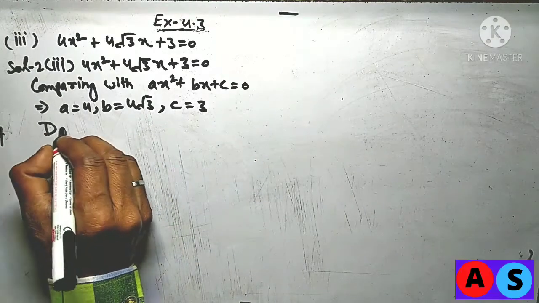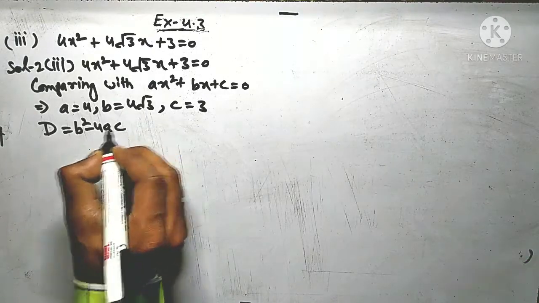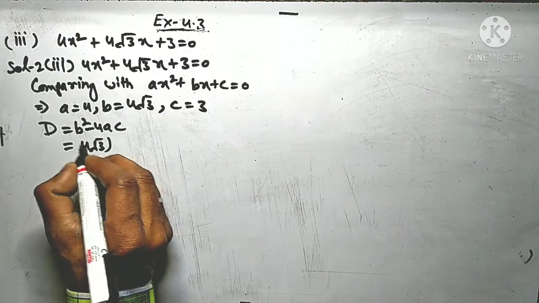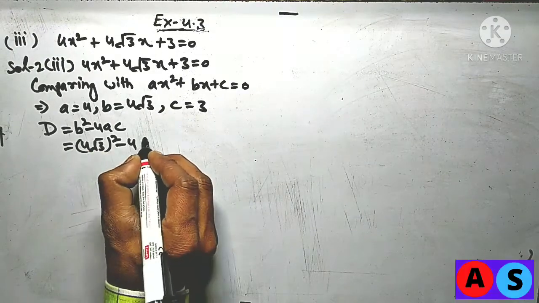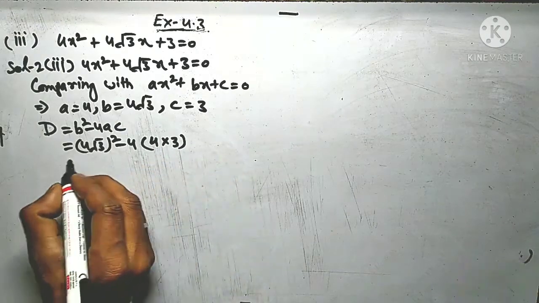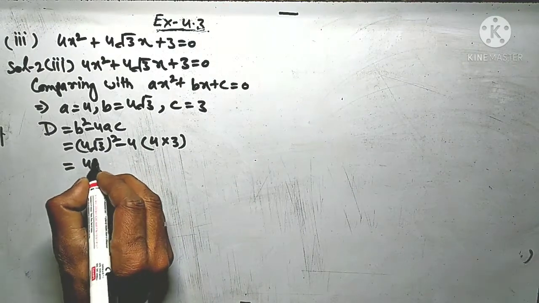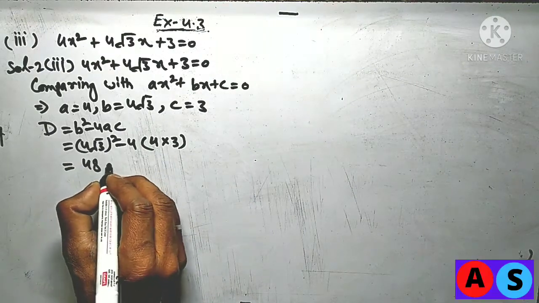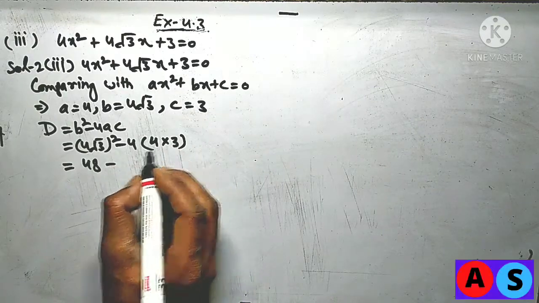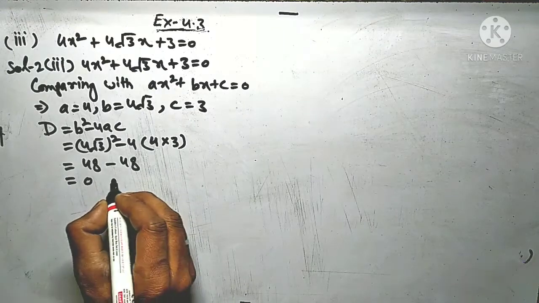We find discriminant D is equal to b square minus 4ac is equal to value of b 4 under root 3 whole square minus 4 value of a 4 into c 3 is equal to 16 3s are 48 minus 4 4s are 16, 16 3s are 48 is equal to 0.